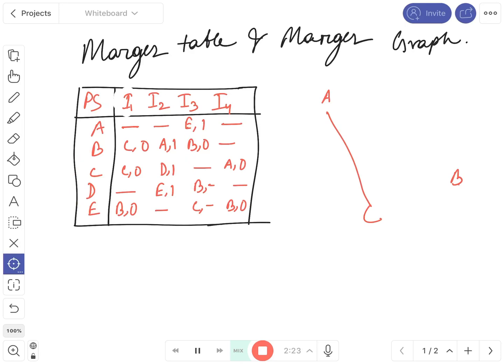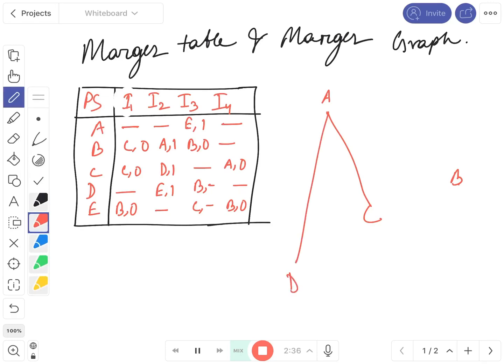For EB, all outputs are same for I1, I2, I3 and I4. So A and D is compatible, and its implied state is BE.